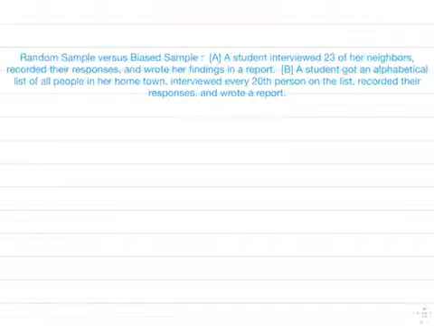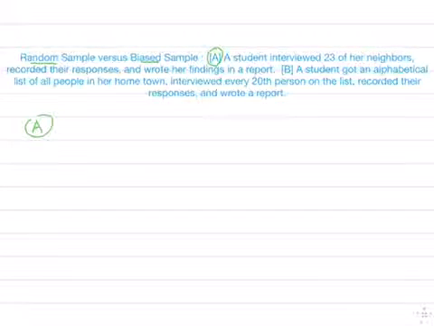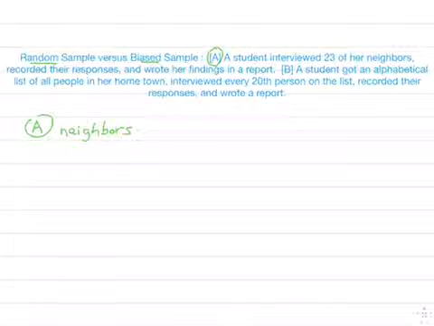We will talk a lot about things like random sample versus biased sample. I have a couple of examples to look at. Example A. Suppose a student interviewed 23 of her neighbors, recorded their responses, and then wrote her findings in a report. Well, student A talked to her neighbors. More likely than not, her neighbors are people that she is familiar with, and are people in a similar income bracket to her, and therefore her sample has basically targeted a select group, people who are more or less like her.